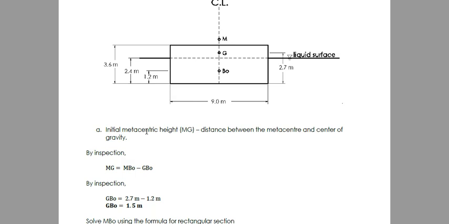If that is the case, MG, the distance between M and G, which is the metacentric height, is MBo minus GBo.